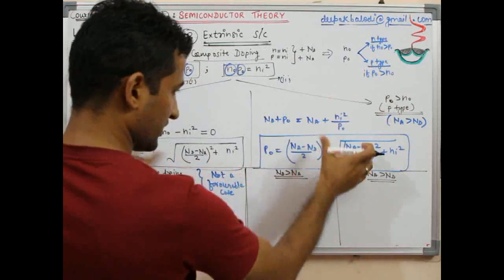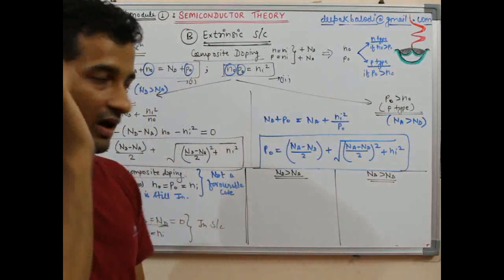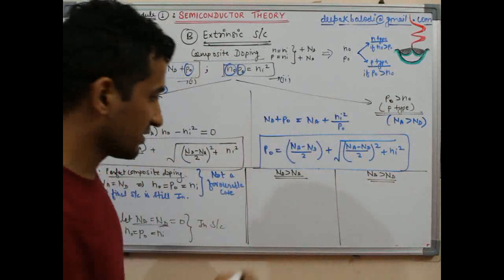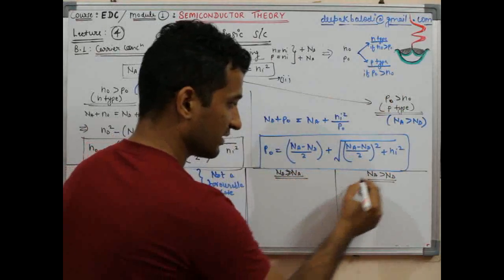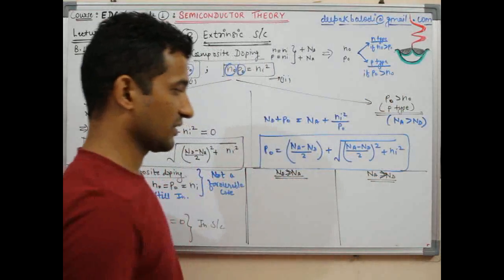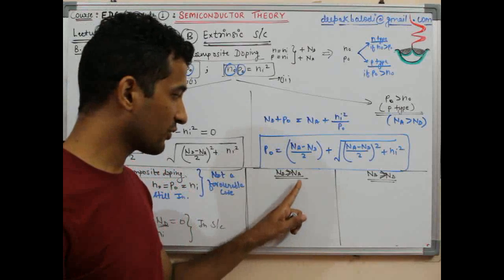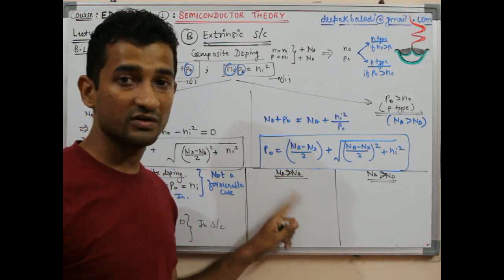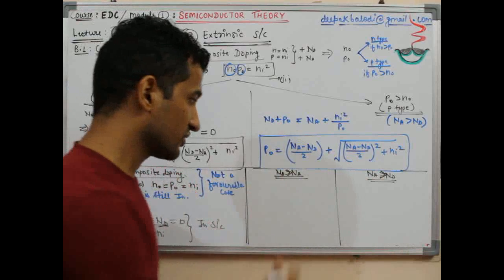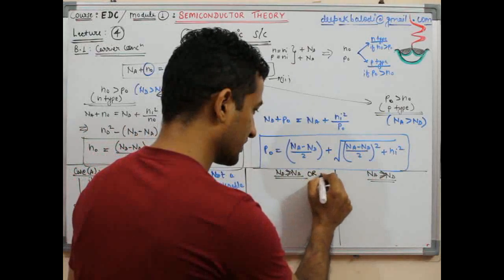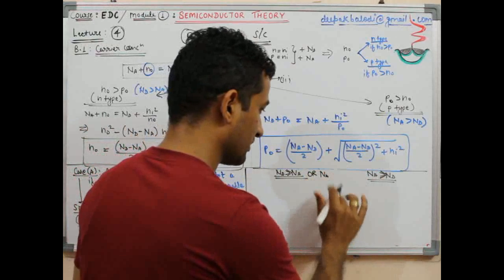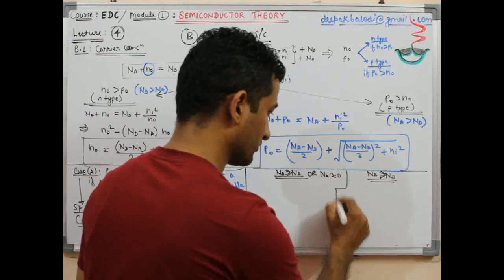These two cases only I am elaborating here. And in that also let us assume that Nd is greater than Na. So how can this case happen? That you have inserted some trivalent impurity, but the pentavalent impurity concentration is much higher than that.